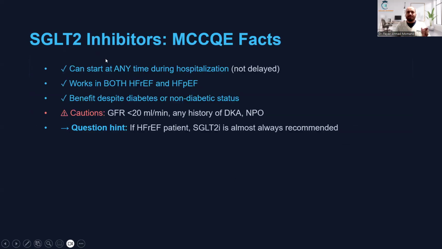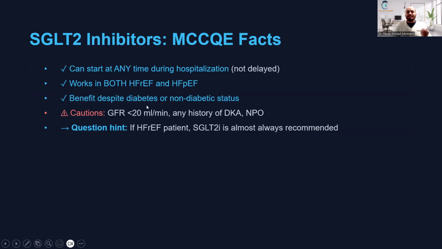Now, SGLT2 inhibitors are medications used for diabetes. But for MCCQE1, remember, you can start them anytime during hospitalization if the patient is hospitalized for heart failure. They're beneficial for both reduced and preserved ejection fraction.